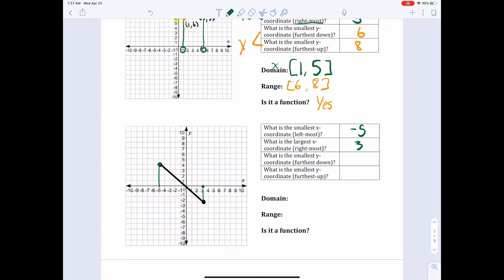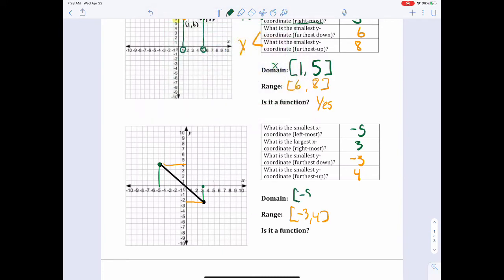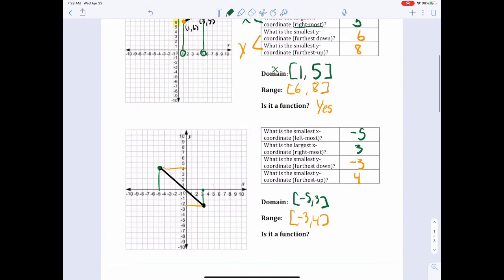The smallest y value should be -3, and then the tallest y value should be 4. So the range is going to be -3 to 4, and the domain is going to be -5 to 3. And then yes, it is a function.